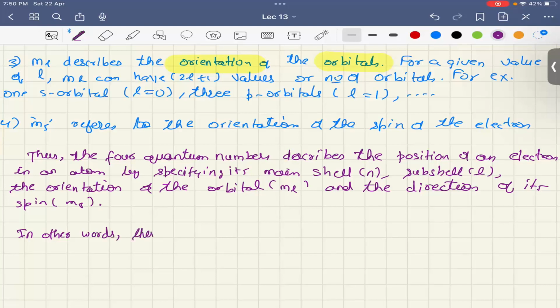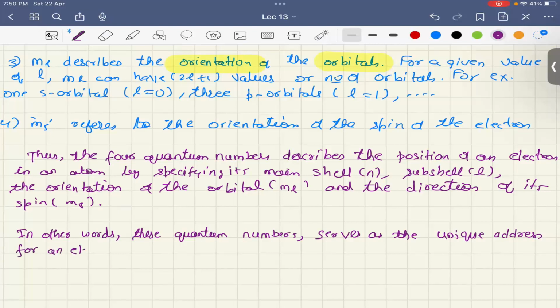Thus, the quantum numbers introduce the concept of shells, subshells, and orbitals, and the values permitted, right?